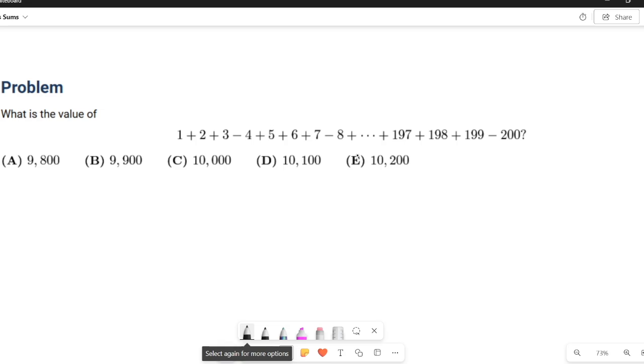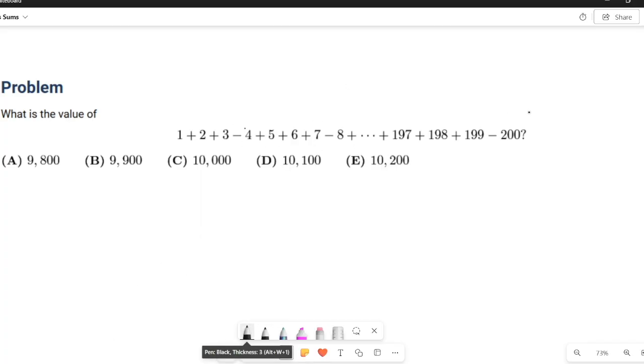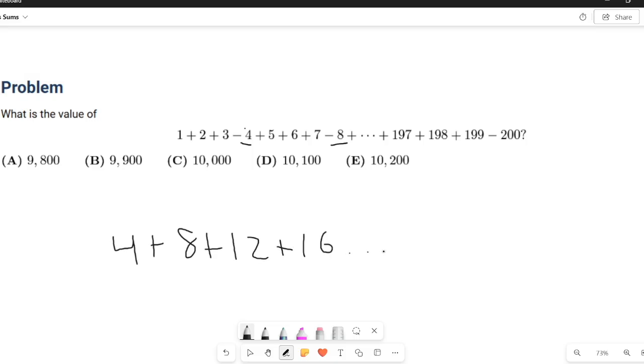So what we can do is separate each of these into different kinds of equations. So let's just treat all the negative numbers as positive numbers. Let's notice that the numbers that get subtracted are multiples of 4. So it's just 4 plus 8 plus 12 plus 16, etc., all the way until 196 plus 200.